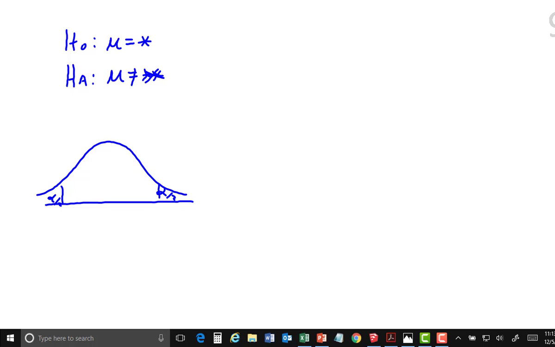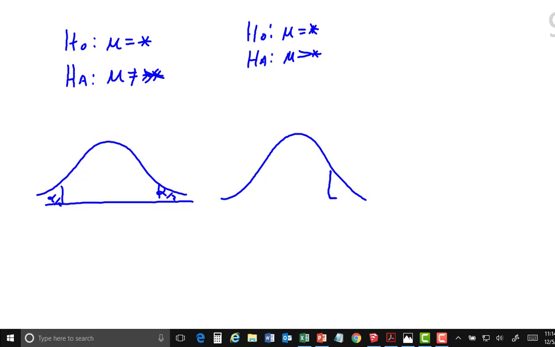If you have this one and you're testing that mu is equal to some number asterisk, and the alternative is that mu is greater than asterisk, right? Then you're going to have a one-tailed test. And this one's to the right. And all of alpha goes in here, not alpha divided by 2.